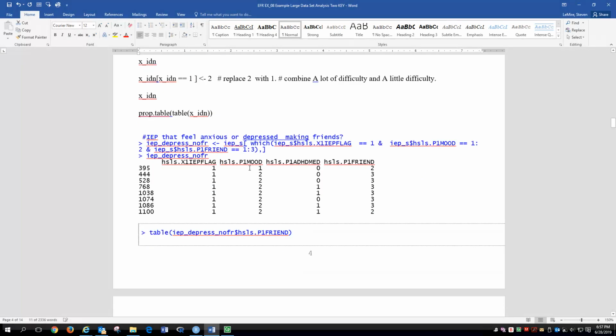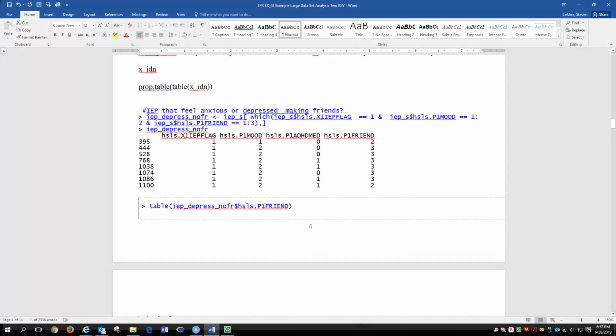Okay, so here's my code. I'm calling it IEP underscore depressed underscore no friends. So I got IEP S, that's my data frame, and I'm going to have those conditions here. Here's my IEP condition. Here's my mood condition, and this is 1 and 2.